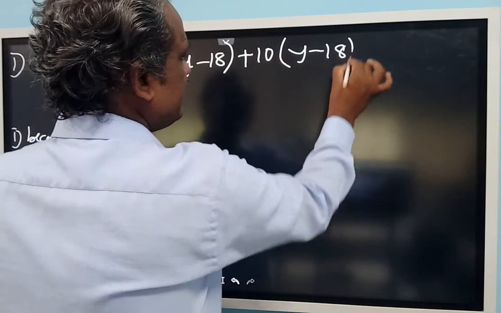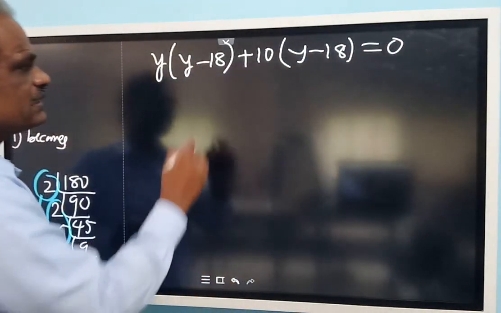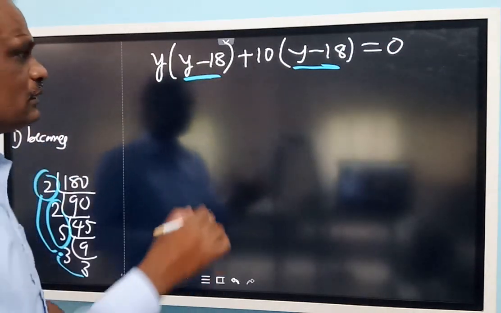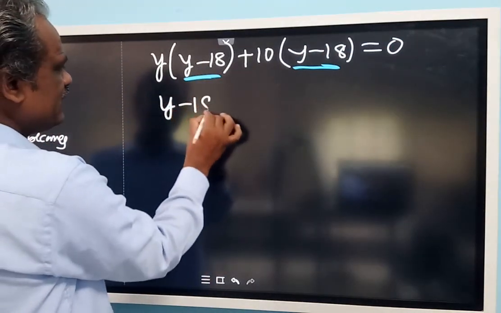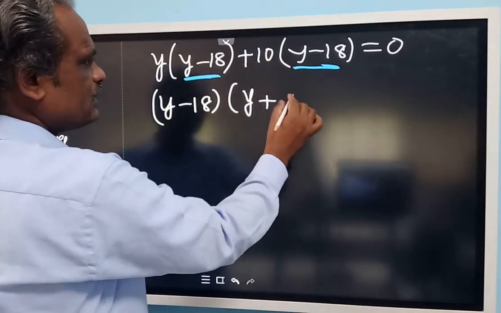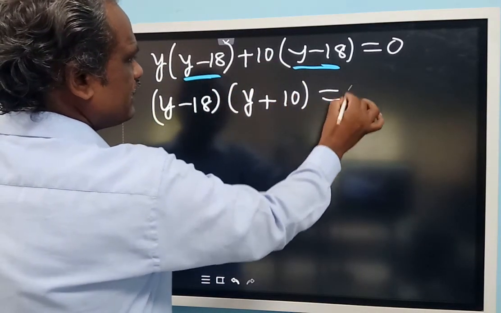Now you can see y minus 18 you can take common. Then y remains from the first term, and from the second you get 10, and both are equal to 0.